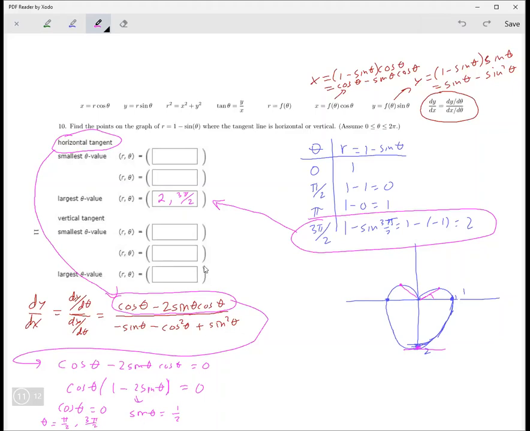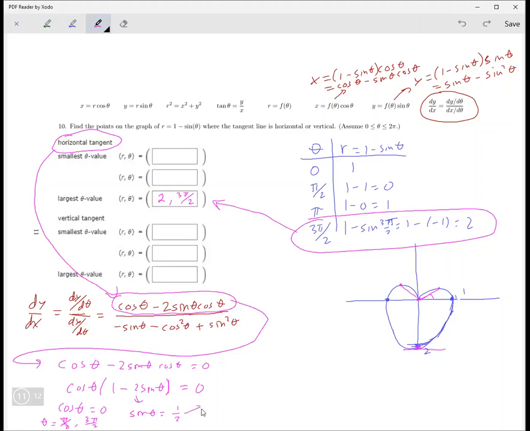Okay, now 3 pi over 2, we have it right there. Pi over 2 we know is not going to work because here you don't have a horizontal tangent. This is a vertical tangent right here, this point here. It's not horizontal, so we'll throw that one out.